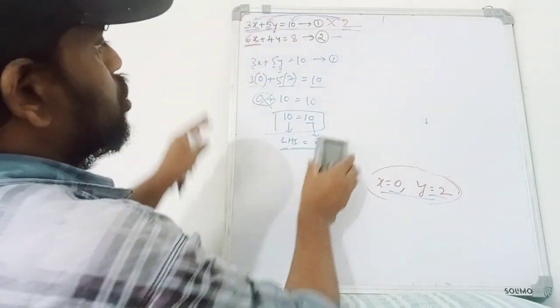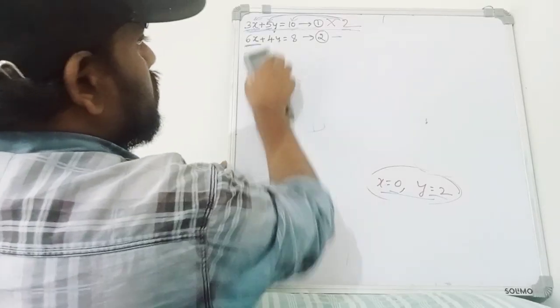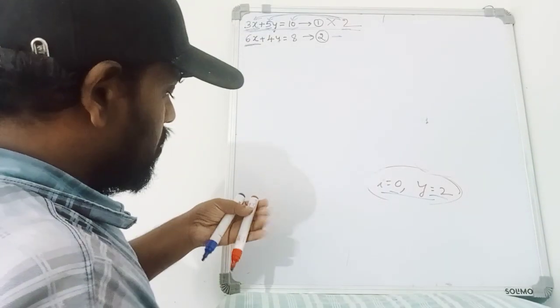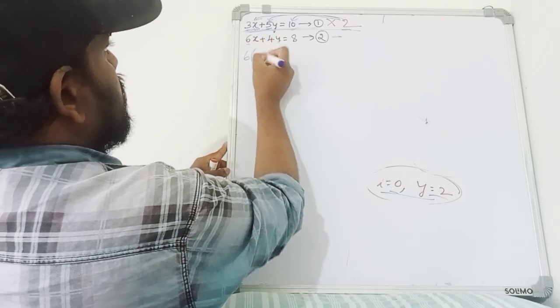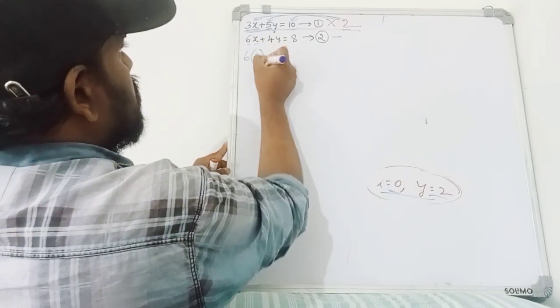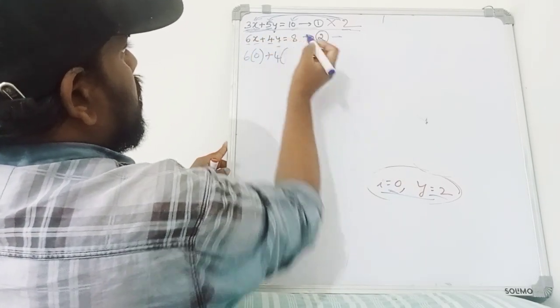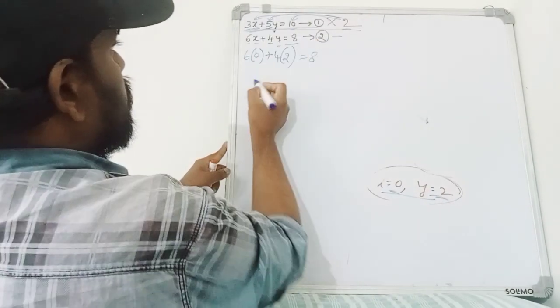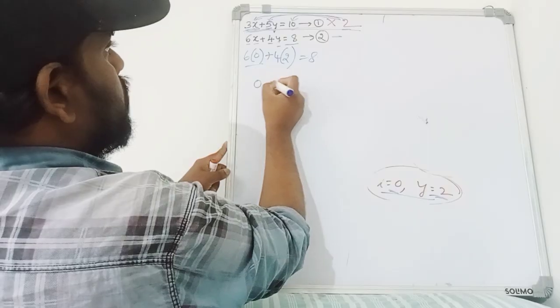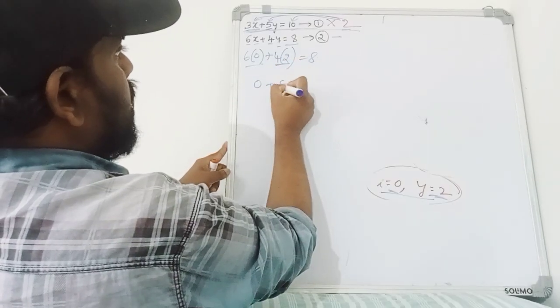And we need to check equation 2 also. In this equation 2, I will substitute the values. This 6 in place of x, 0, plus this 4 in place of y, this 2, equal to 8. Now 6 into 0, 6 zeros are 0, plus 4 into 2, 4 twos are 8.